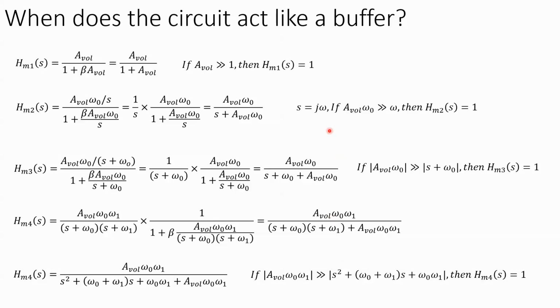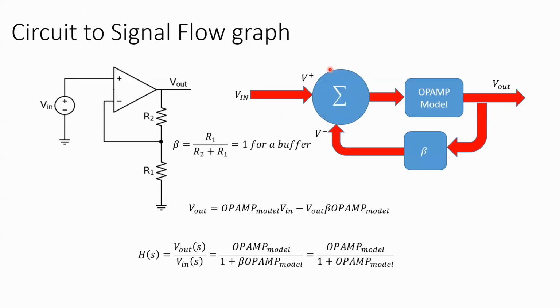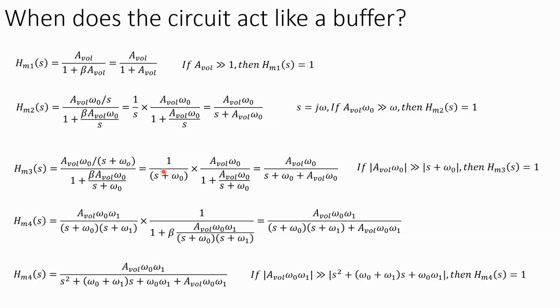Now, when will this circuit act like a buffer? And again, this is configured with R2 is 0 and R1 is infinite, right? So we have our op-amp model.